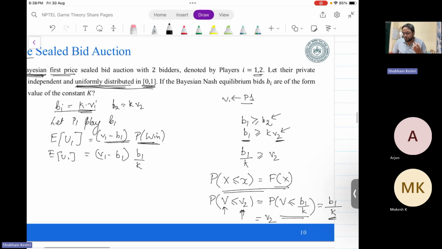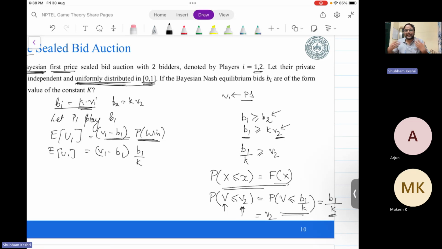Now what do I want to do? This utility I want to maximize. In calculus, if you want to maximize a function, you have to take its derivative. Therefore, dEu1 by d, what is the dependent variable? We want to calculate B1, so we will differentiate in terms of B1 and not V1, because V1 is known. We want to know what is that value of B1 at which the expected utility becomes maximum.